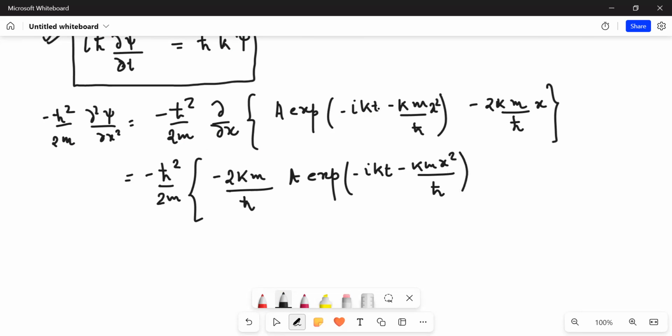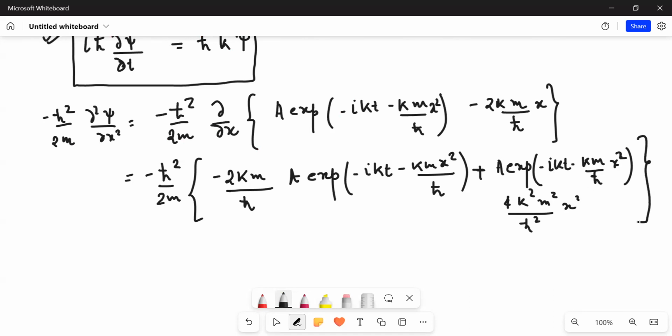This is one part. And taking the derivative again, plus A exponential of minus iota kt minus km upon h-bar x square, and again taking the derivative we get 4 k square m square upon h-bar square x square.